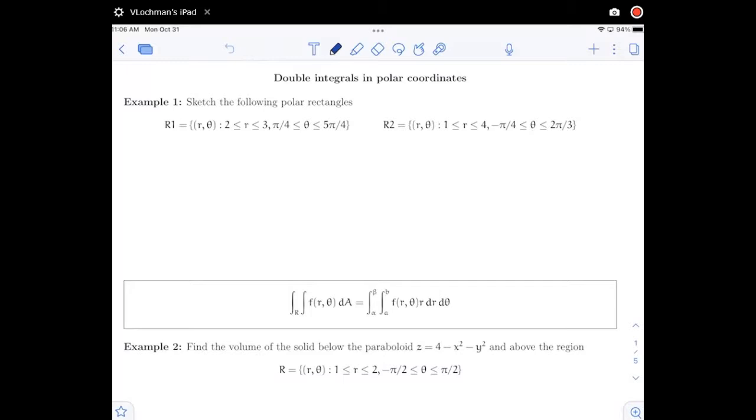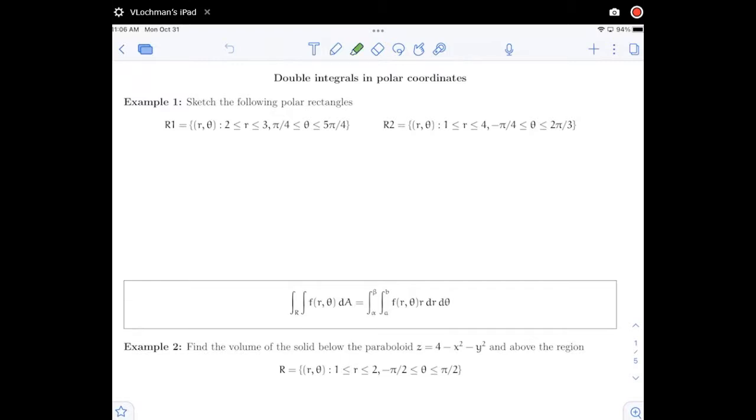So first, let's get used to this notation and the way we describe these regions of integration using polar coordinates. Here I have two rectangles. They're not rectangles in the sense that we think of them.